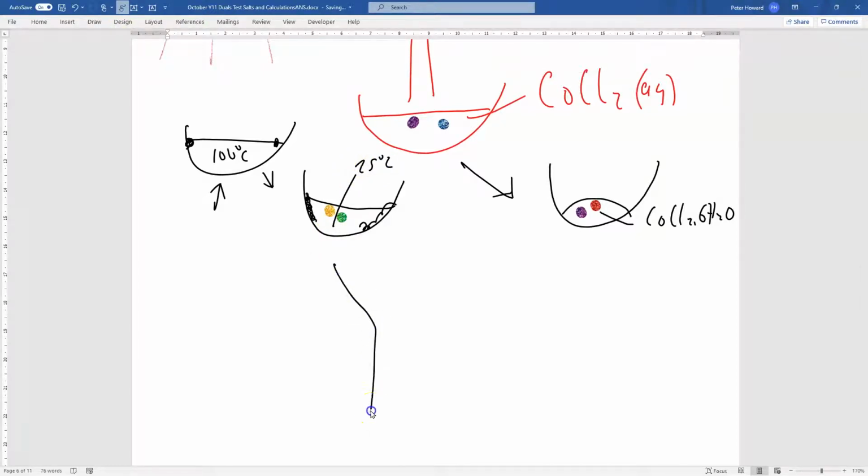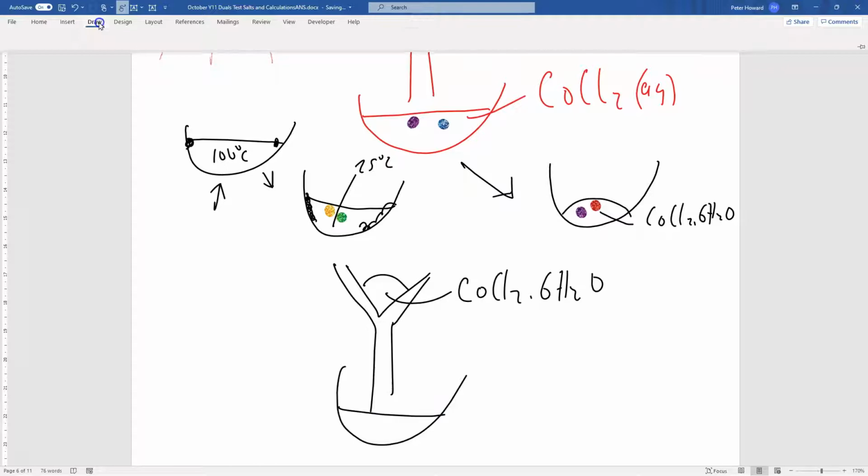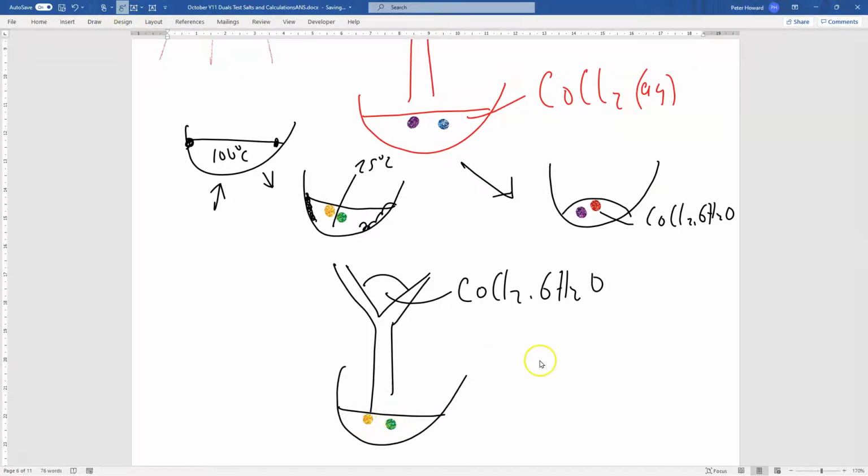And now if we filter it out, in the filter paper we have our crystals of cobalt chloride with a bit of water of crystallization. And what will go through is the solution and any impurities which are present.